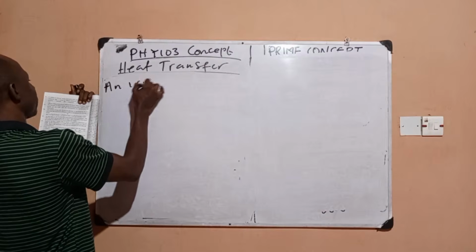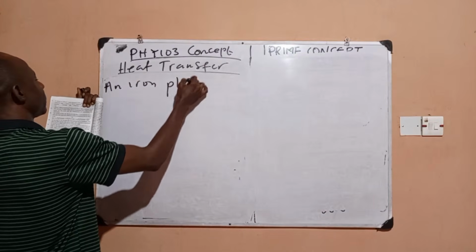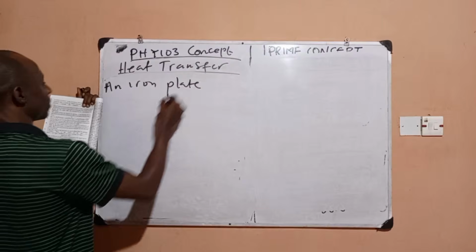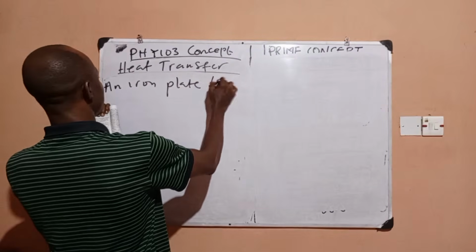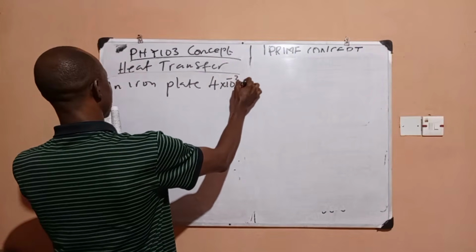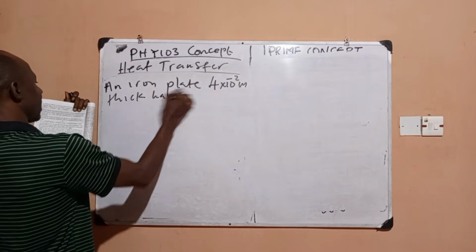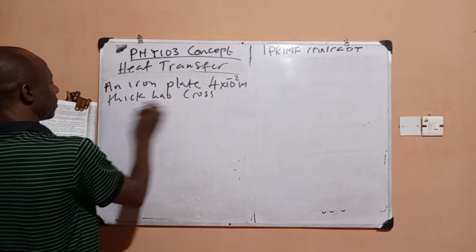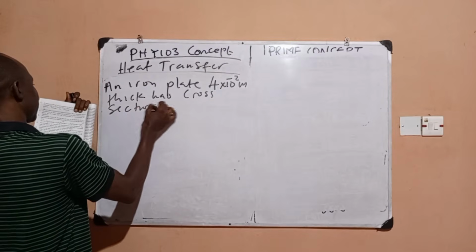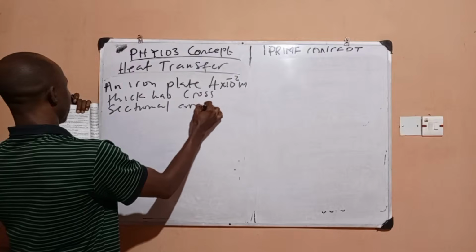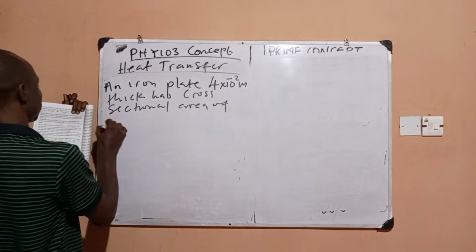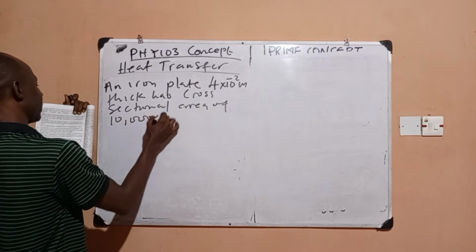An iron plate 4 times 10 to the power minus 2 meter thick has cross-sectional area of 10,000 cm square.